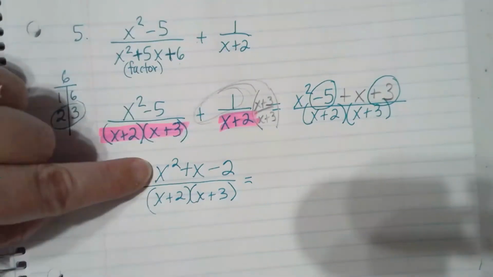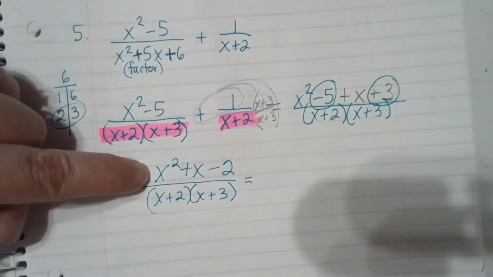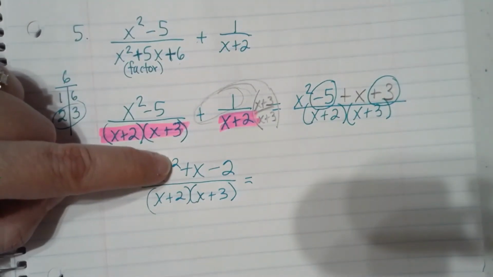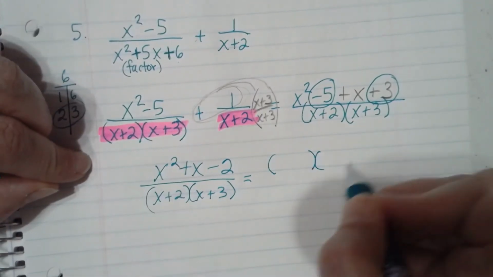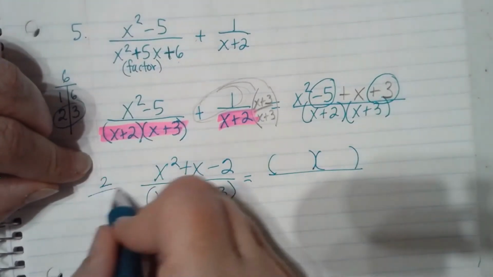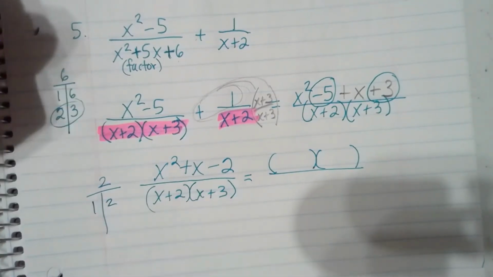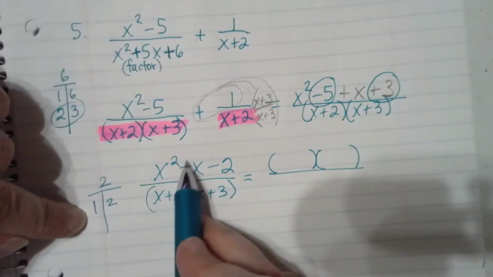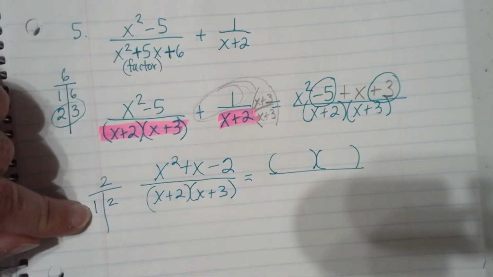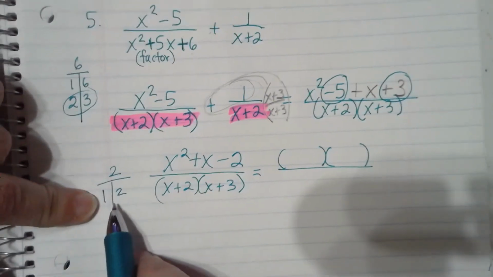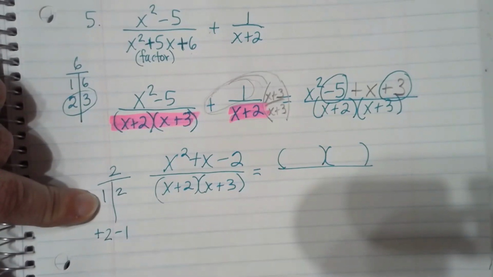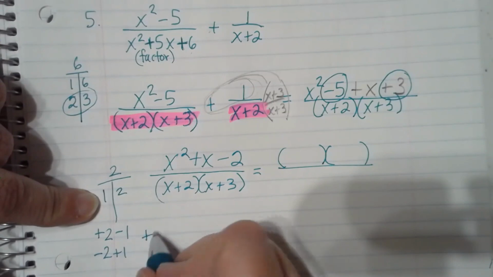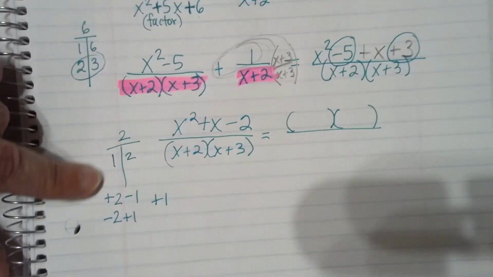So we're going to look at this numerator and see if we can break that down. Can we break down an x squared plus x minus 2? I believe so. So I need 2 numbers that multiply to make 2 and add to make a positive 1. So if I want to add these to make 1, is it going to be positive 2 minus 1, or negative 2 plus 1? Which one makes positive 1?